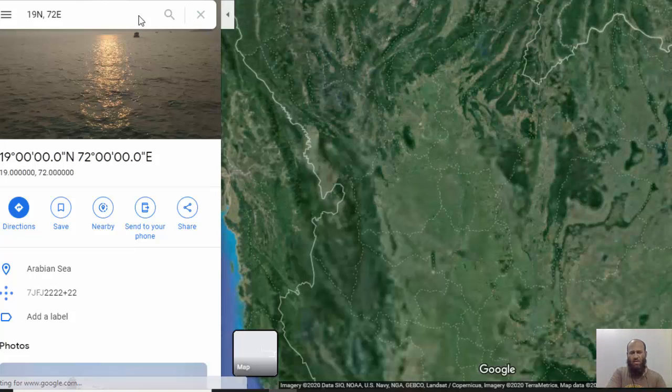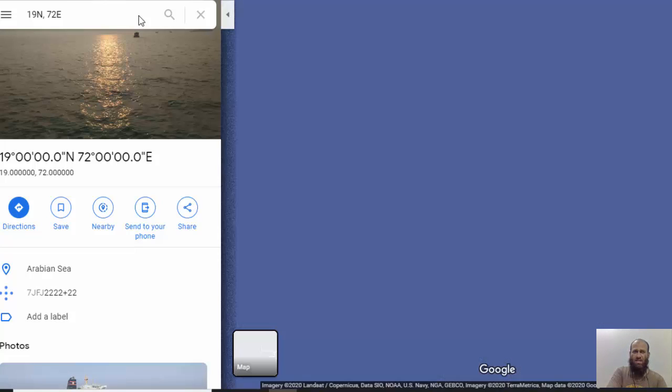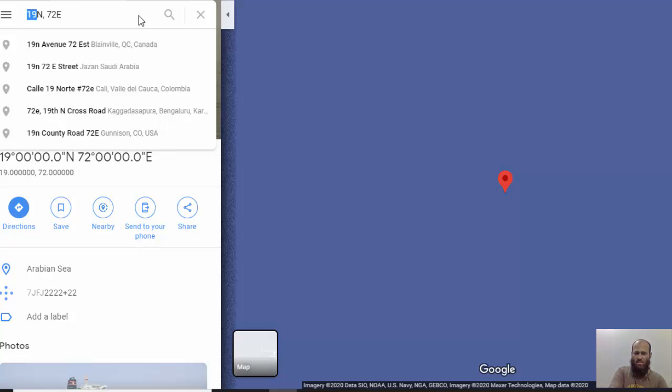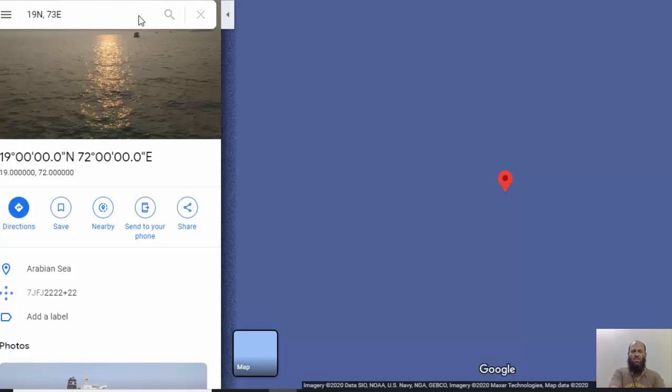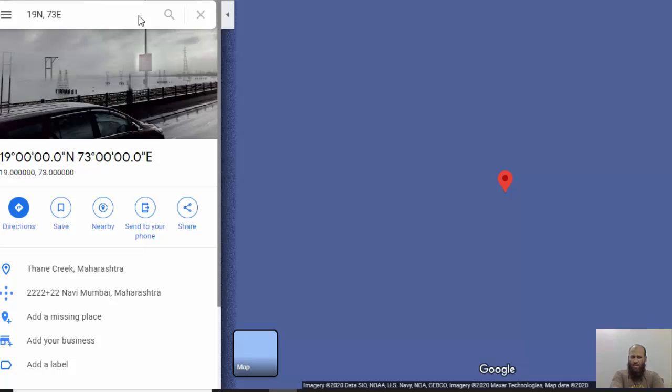For example, if you just change 19 degrees to 20 degrees, or rather let's go to 73 degrees east, do you think it will take us to the same place? No, it will not. This is Thane Creek in Maharashtra, 19 degrees north and 73 degrees east.